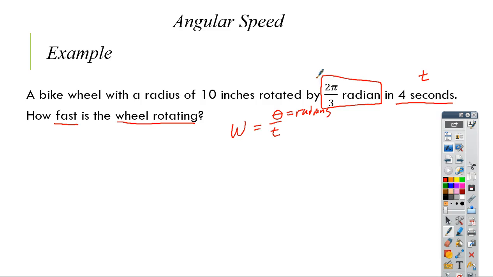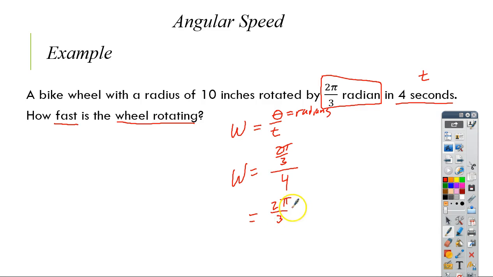So now I just go ahead and plug in what I know. So omega is equal to 2 pi over 3 divided by 4. You're going, ew, fractions. Again, you can use your calculator, 2 divided by 3 divided by 4, or you can just do it the mathematical way. This is the same thing as 2 pi over 3.